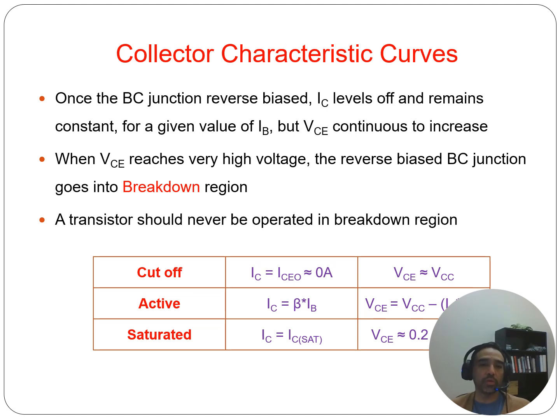So we're looking at the same thing, but from slightly different perspectives. For safe operation, you want to avoid that breakdown region, so you design your circuit to avoid it. Whenever it gets into that, it's probably because you have a fault in the circuit somewhere. Something else broke down. You should never operate your transistor in the breakdown region because it'll cause permanent damage, and it cascades.